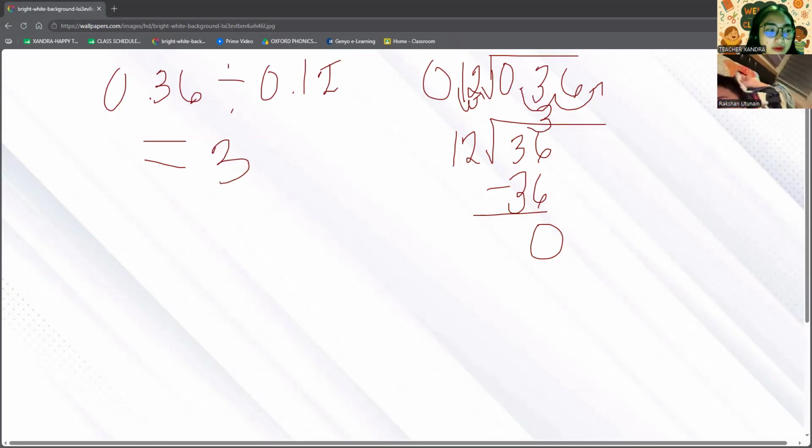Okay. And lastly, 75 divided by 0.5. One decimal place to the right.